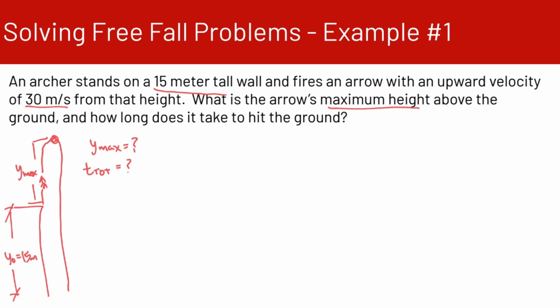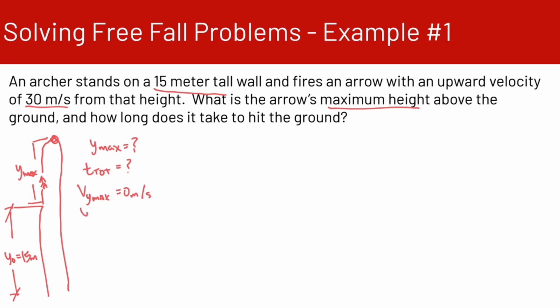Okay, so we're going to solve this problem a couple of different ways. The first thing to note is that the velocity at y max is 0 meters per second. The velocity at any projectile's highest point, or any object that's rising and then falling again, is going to be 0.